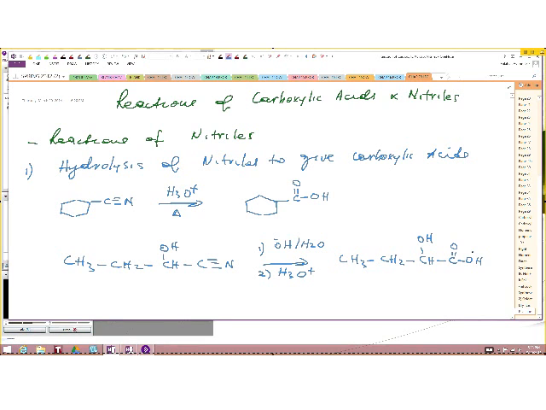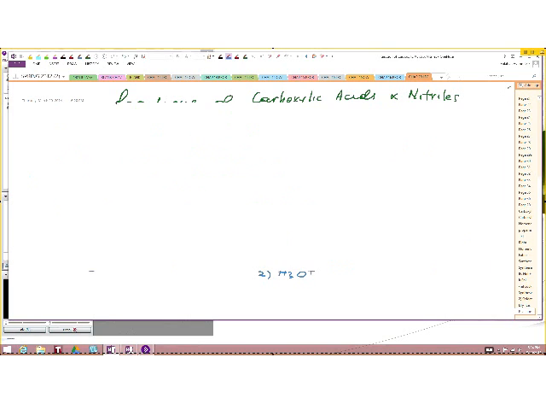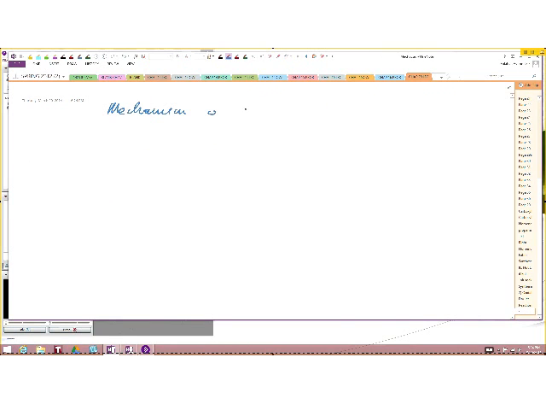Okay, before I give you a couple more examples of reactions of nitrile, let me give you the mechanism for this reaction. Let me use a generic nitrile.